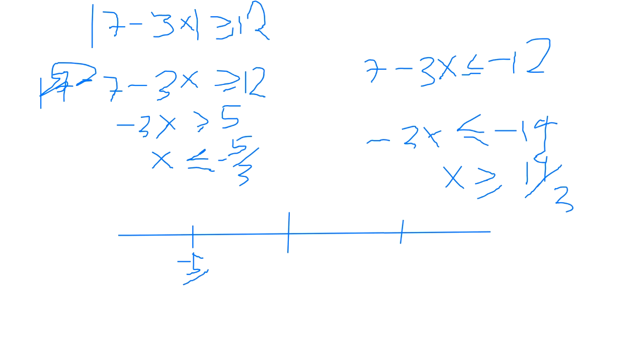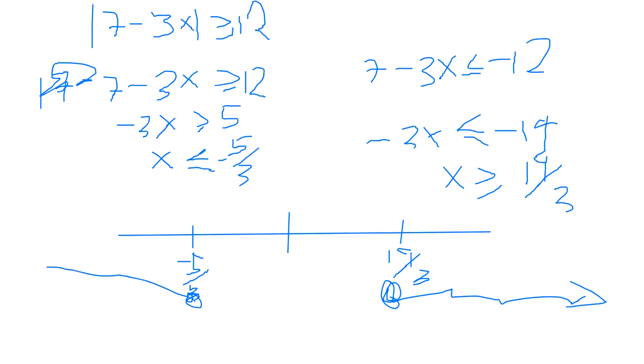Have you seen that? Yes. Then 19 over 3. But here 19 over 3 is greater than or equal to, so it will go here like this. Can you see that? Yes. Then this one is less than, so it will go here like this.